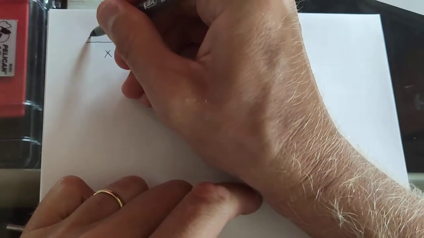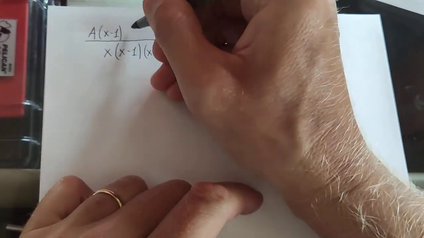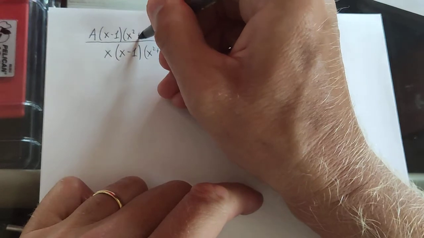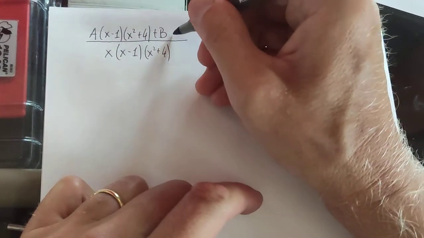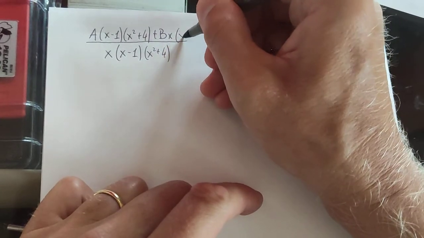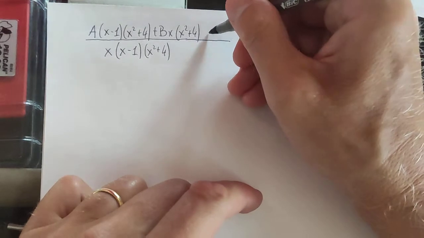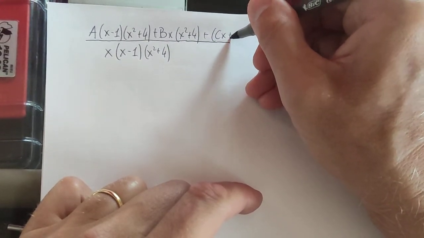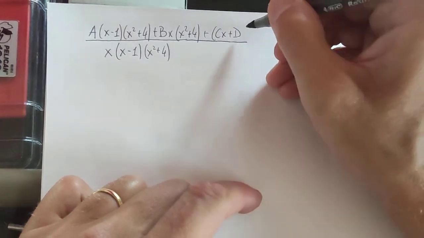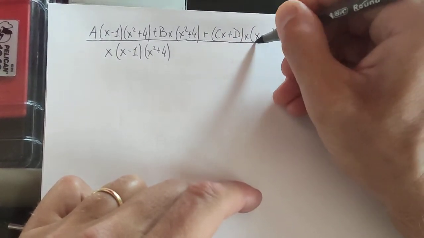So I'll have A times x minus 1 times x squared plus 4, plus B times x squared plus 4. Now I have that linear factor Cx plus D, and then times x minus 1.